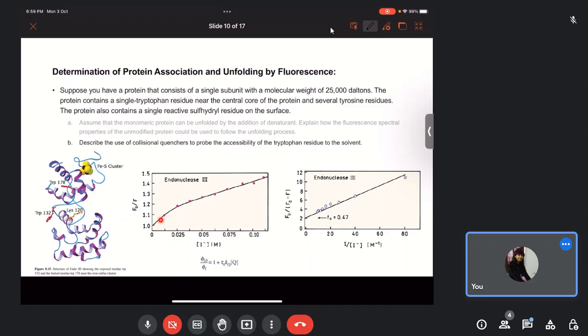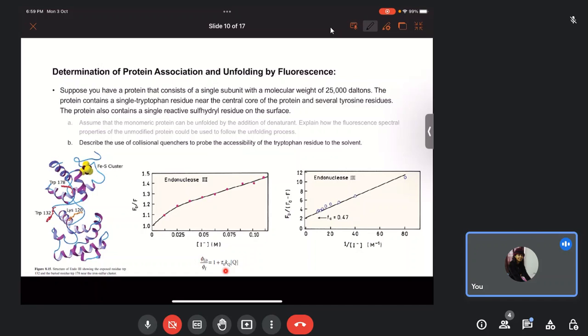You can see that it is not going toward a smooth straight line. It has contributions from two different tryptophan residues.